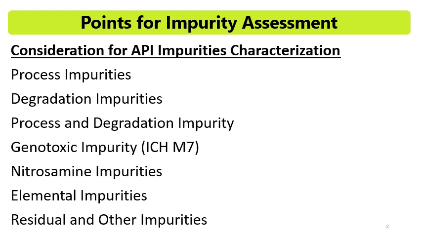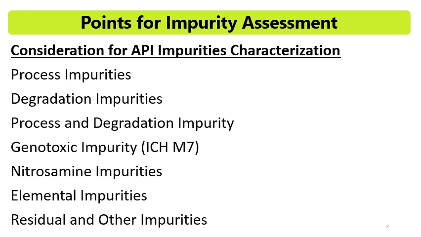Then elemental impurities, residual solvents, and other impurities. So elemental impurity declaration is to be provided by the API vendor, that is the DMF holder or EDMF holder, as well as the nitrosamine impurity declaration, and if some nitrosamine impurities are present in the API, then how those impurities are going to be controlled.